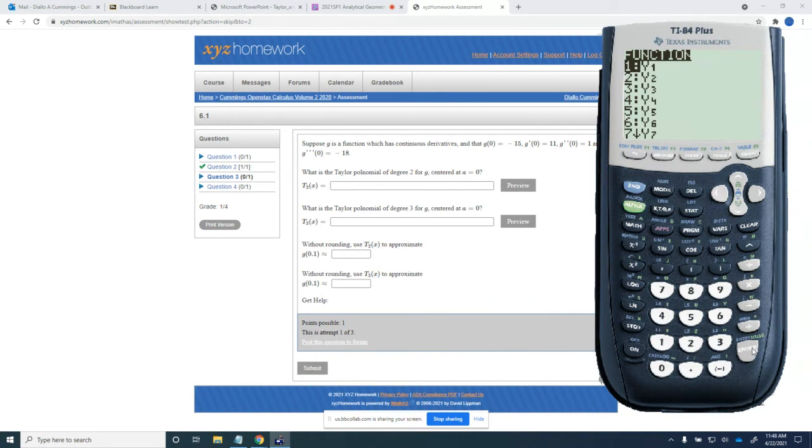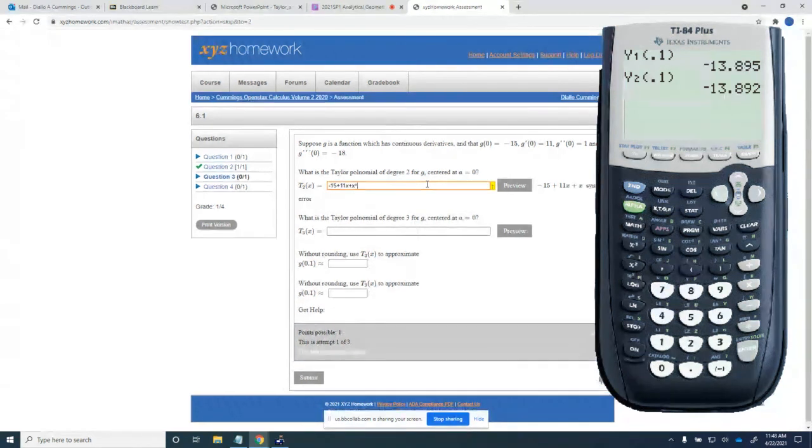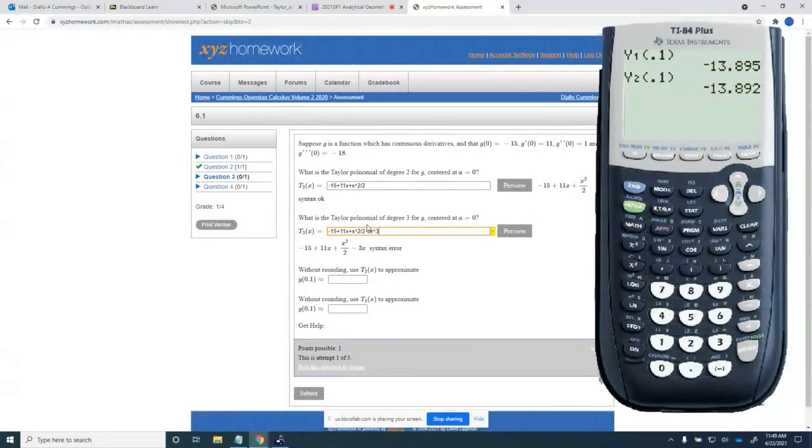I want the second function also evaluated at 0.1. Okay, there it is. It popped up. Cubed.